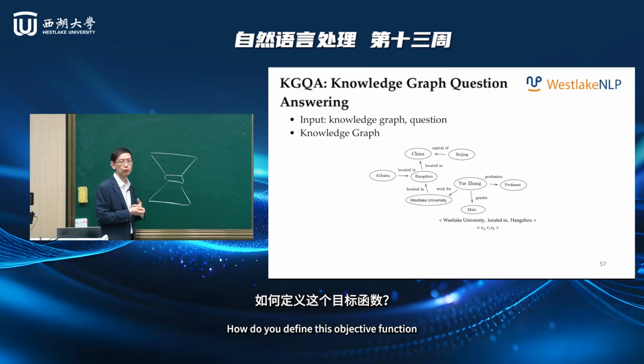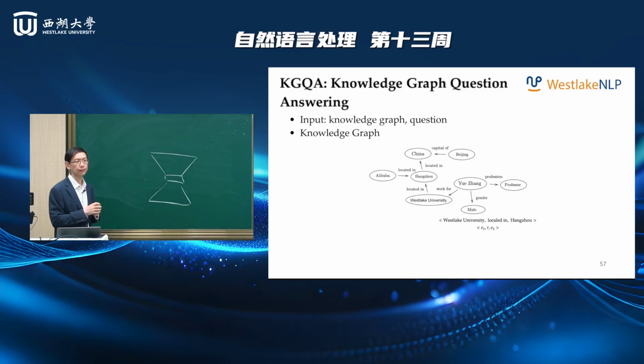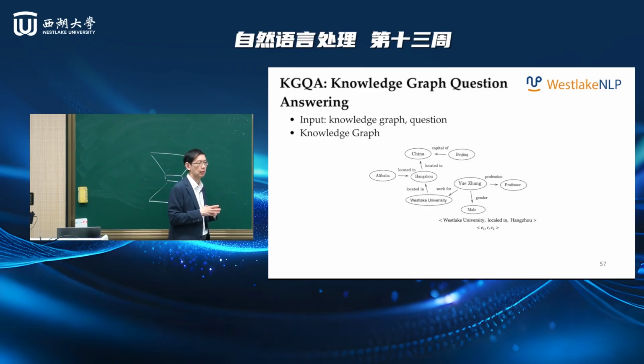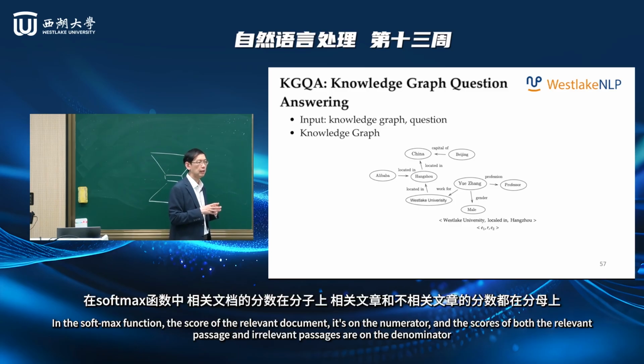The fine-tuning objective is to make sure that relevant passages are scored higher than irrelevant passages. How do you define this objective function? We can treat that as a softmax function, actually. And this is called contrastive learning. In the softmax function, the score of the relevant document is on the numerator, and the scores of both the relevant passage and the irrelevant passages are on the denominator.